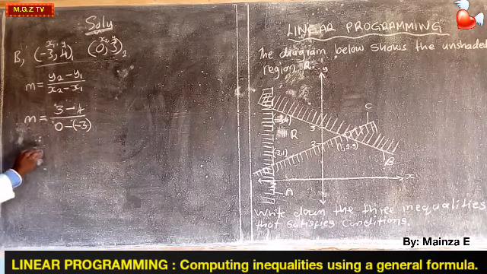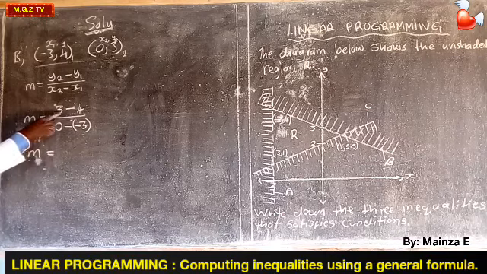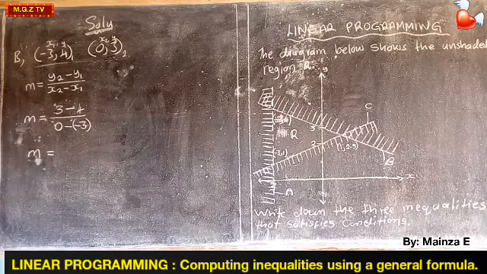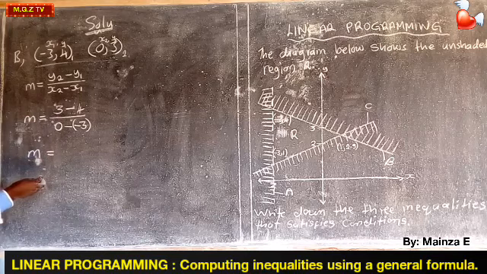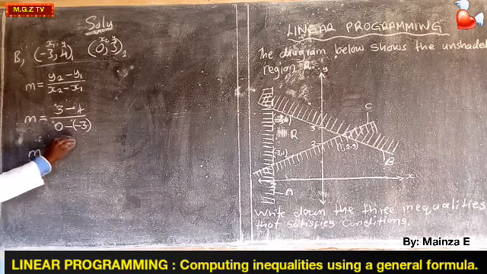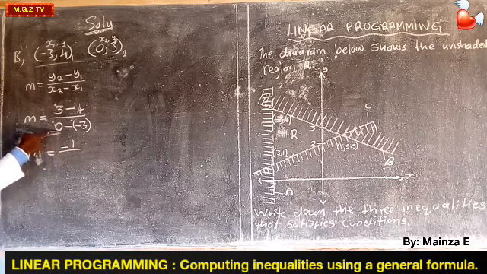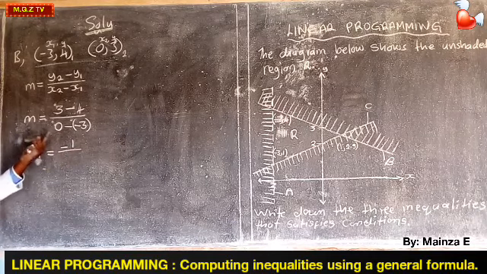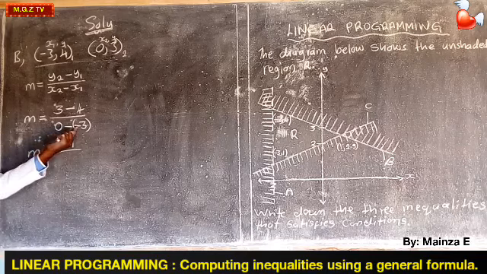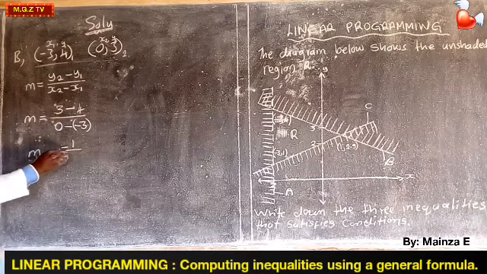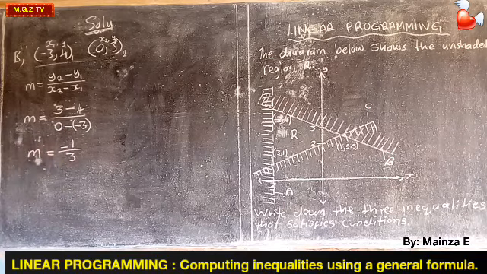So next thing, m is equal to, subtract 3 minus 4, -1, over, here is a 0, so don't count it. What we count is negative and negative. So the answer will be 3.